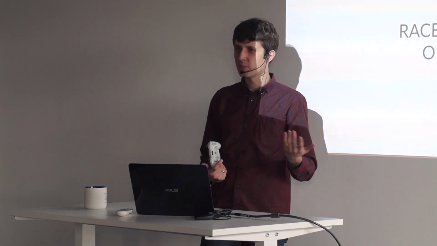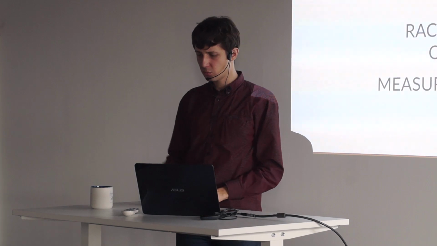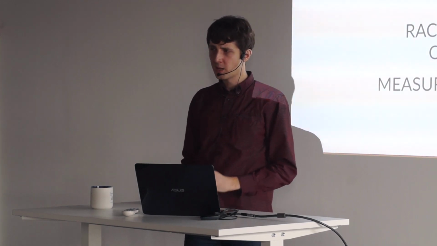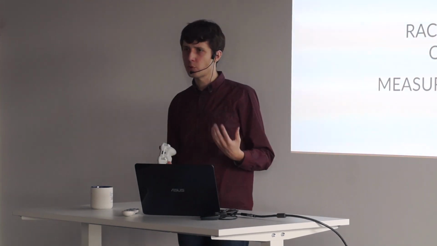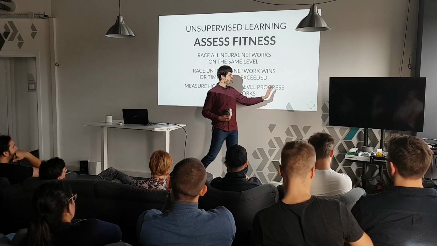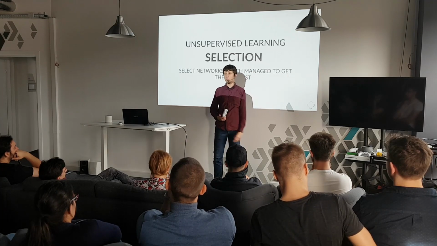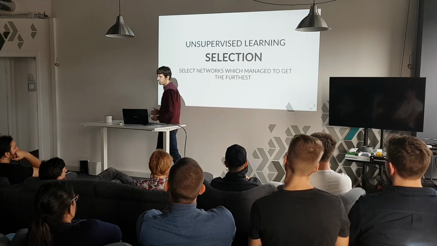For example, if all of them get stuck at some earlier point in the level, no point in waiting, right? So I'm just racing them all, seeing how far they will get, and I'm measuring the horizontal progress. So how far from the beginning of the level they get, because I want to select the ones that got the furthest to the end, possibly to the very end of the level.